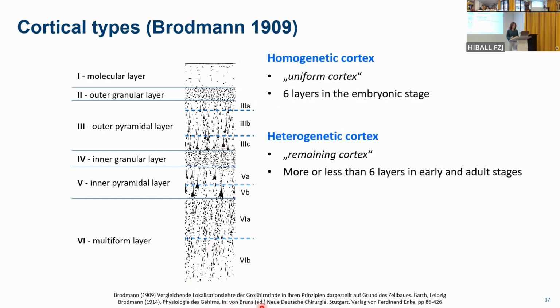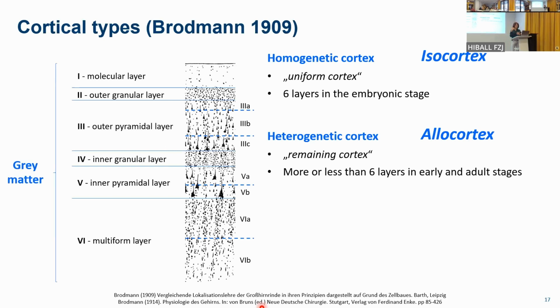I'd also like to remind you that we've got different types of cortices depending on the number of layers that can be identified within them during ontogeny, and we've got what Brodmann called the homogenetic cortex and the heterogenetic cortex, which we nowadays know as isocortex and allocortex, respectively. Again, remember, all of these layers constitute the gray matter.